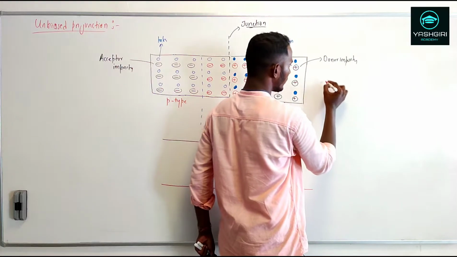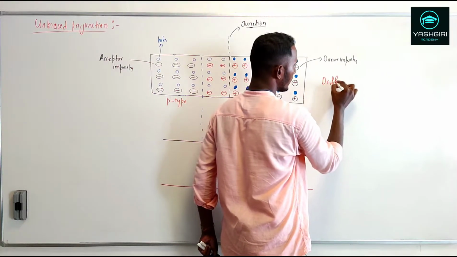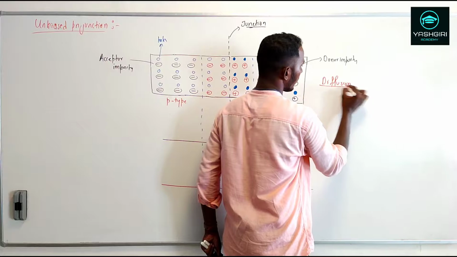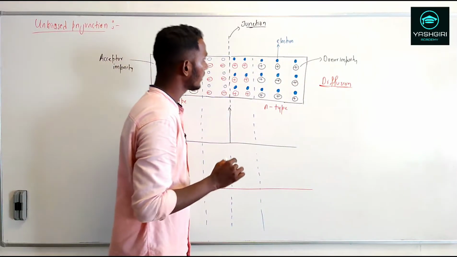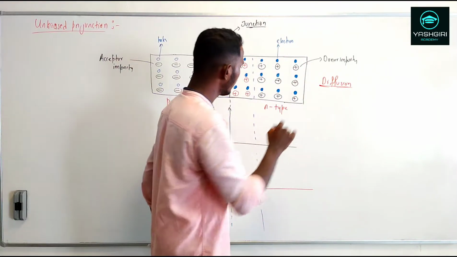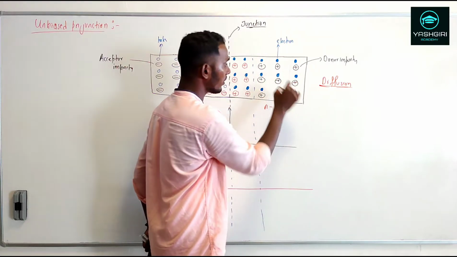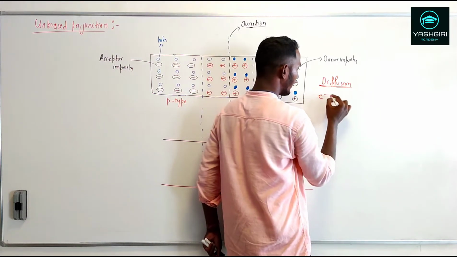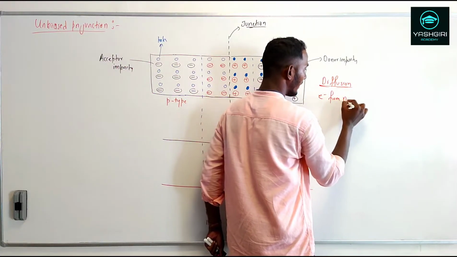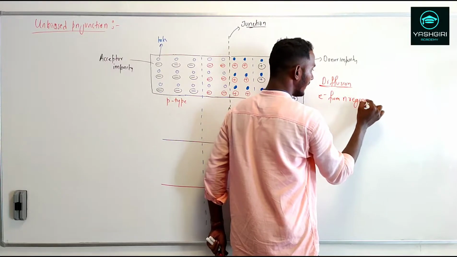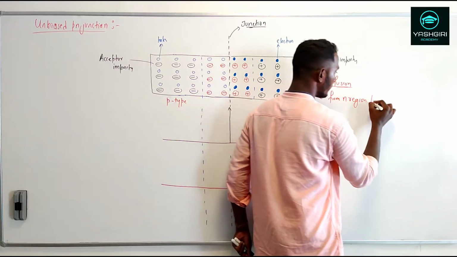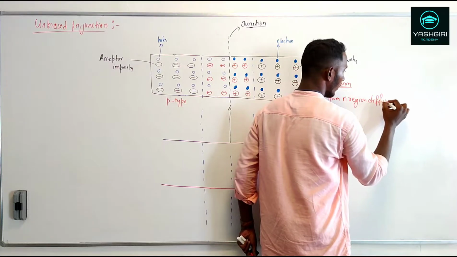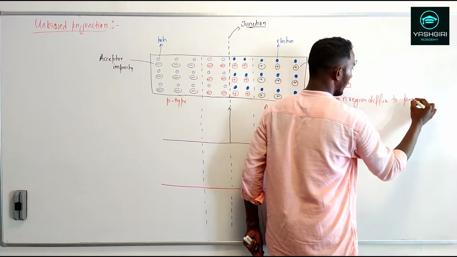So a process of diffusion will start. The diffusion process begins as soon as a junction is formed. So the electrons from the n region will diffuse to the p region.